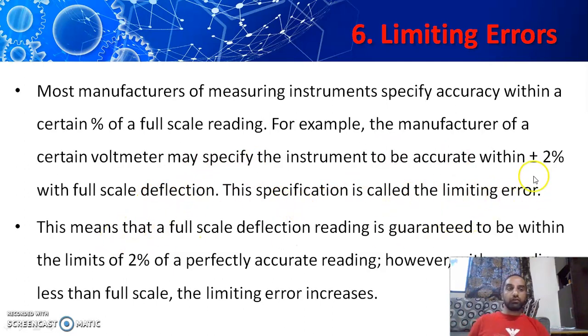What is the meaning of plus minus 2% of full scale deflection? It means that the full scale deflection reading is guaranteed to be within 2% of a perfectly accurate reading. However, with a reading less than full scale, the limiting error increases.